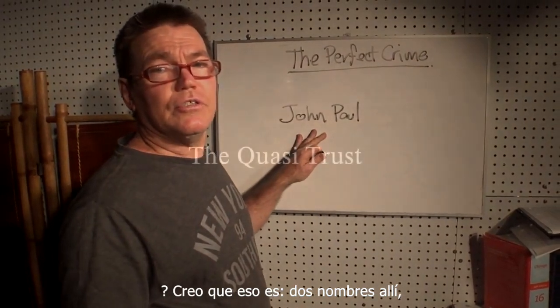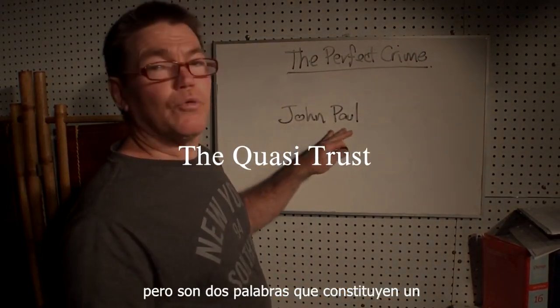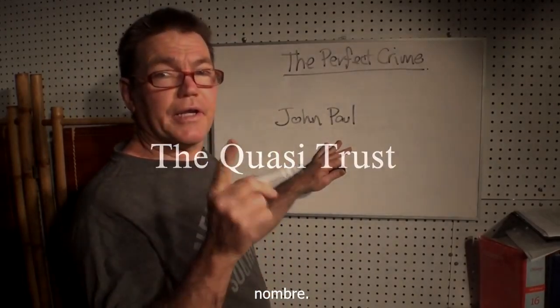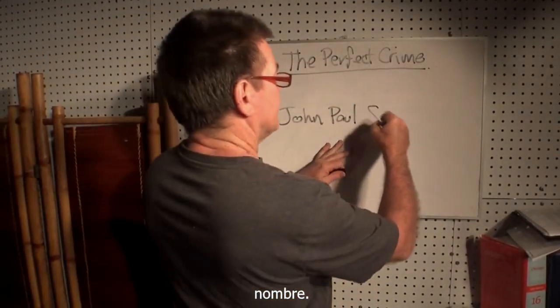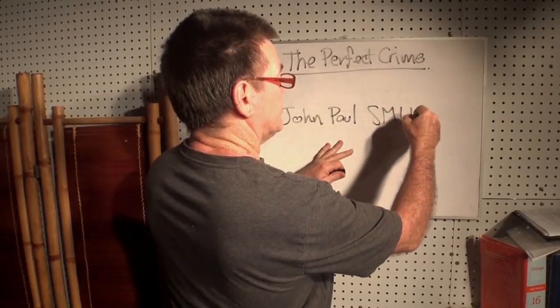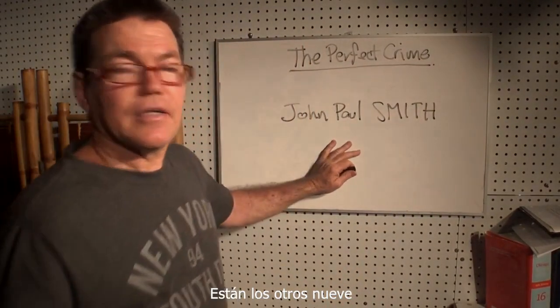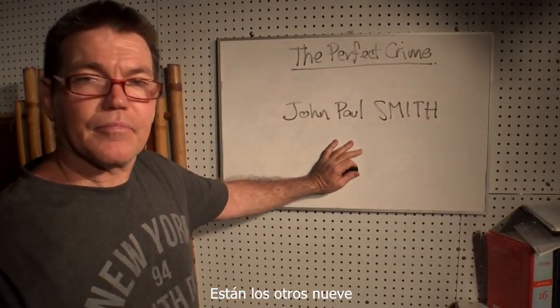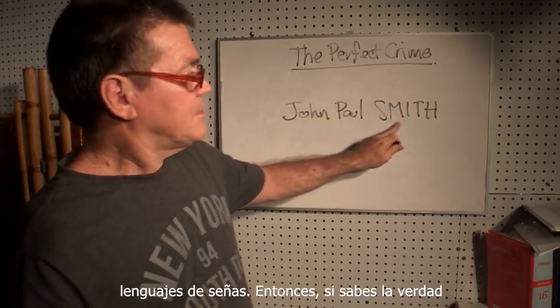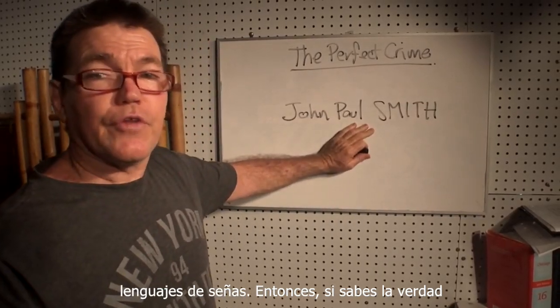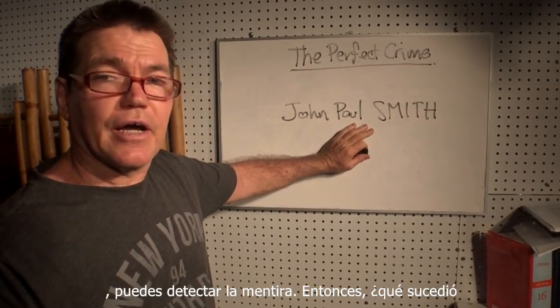You might think that that's two names there, but it's two words that constitute one name. There's the other name. Sign language. So if you know the truth, you can detect the lie.